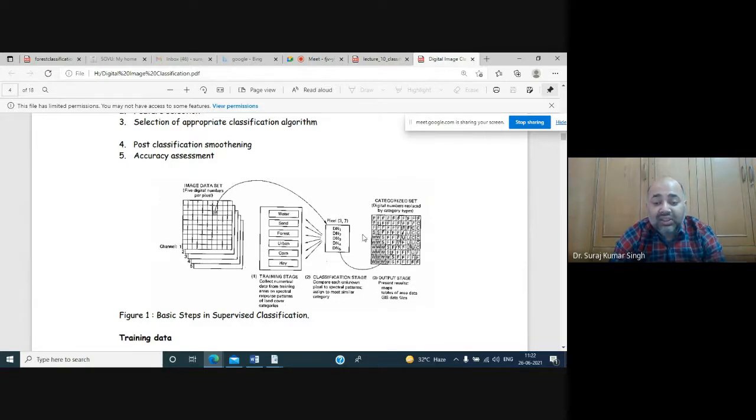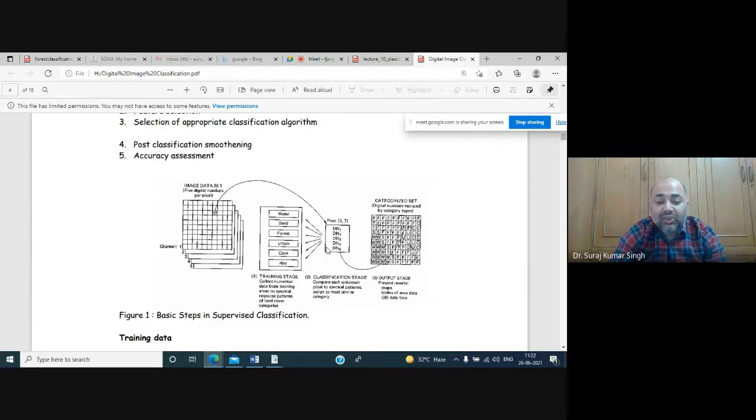And finally you can see that the entire set of pixels, which was in the form of digital numbers, is now classified on the basis of the training sets and training sites into various land use, land cover categories.